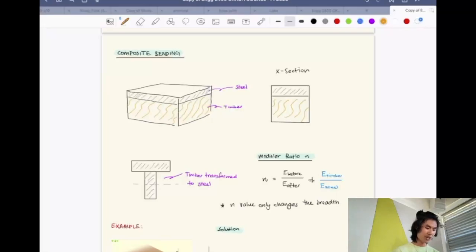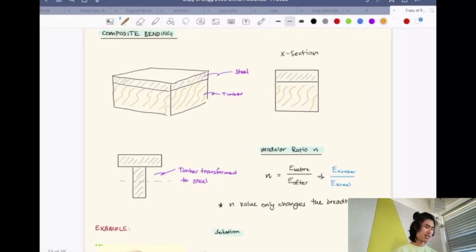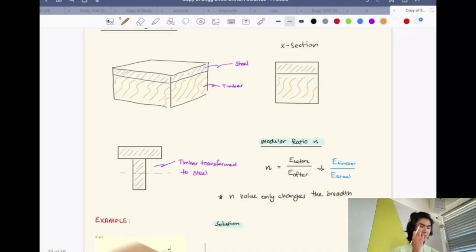So what you do is you convert it into a modular ratio n. Modular ratio n is essentially just changing it into the same thing. But that's because the elastic moduli are actually interchangeable in a ratio that you can calculate the strength of it with the same material in mind. You just have to consider that it is going to be a different material.